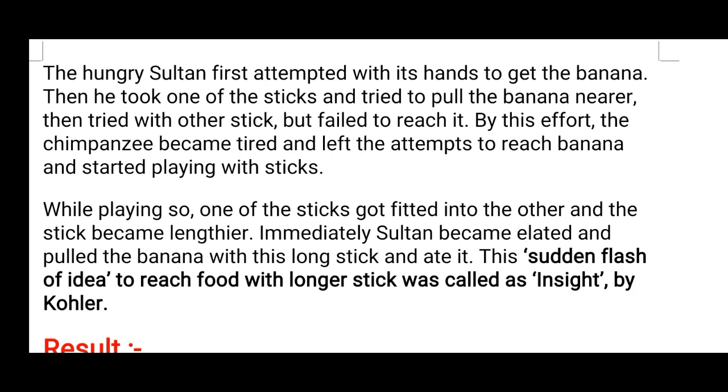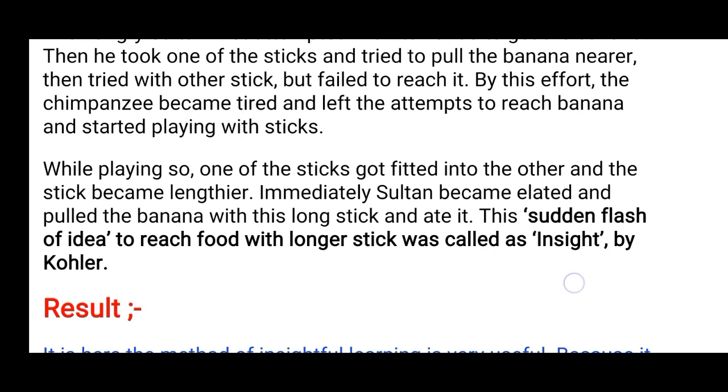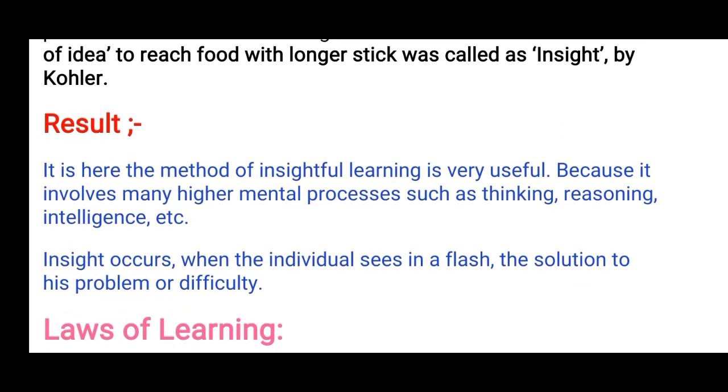With this longer stick, by a sudden flash of idea, he could get the banana very easily. Later on, as soon as he was put inside the cage, he fitted one stick into another and got the banana very fast.